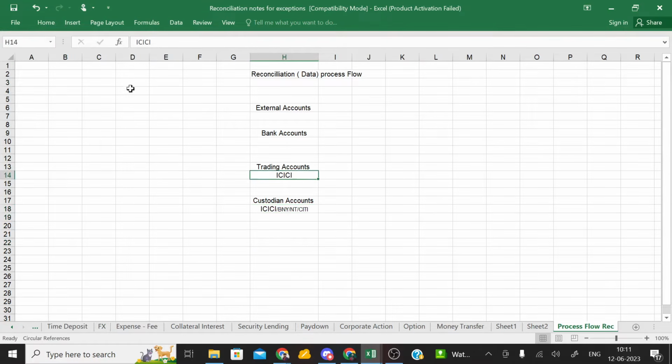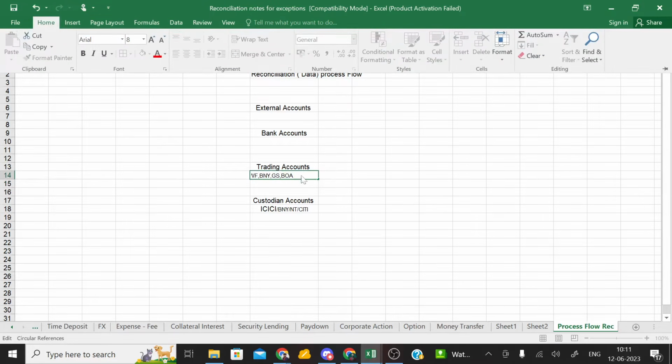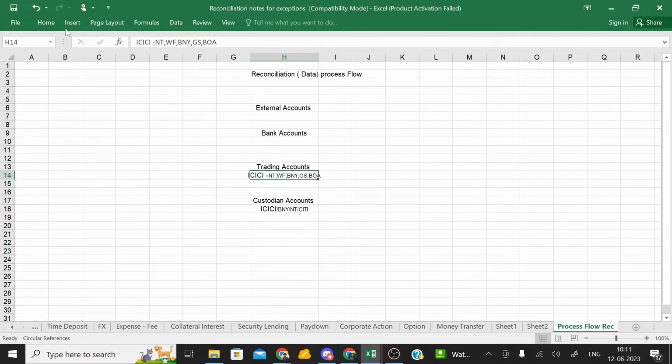And the other brokers you would see, let's say again NT, Wells Fargo, BNY, GS, Bank of America. There are many more. These are the popular examples. If you join any institution, you will see names like this, right? So they are the brokers and custodians.